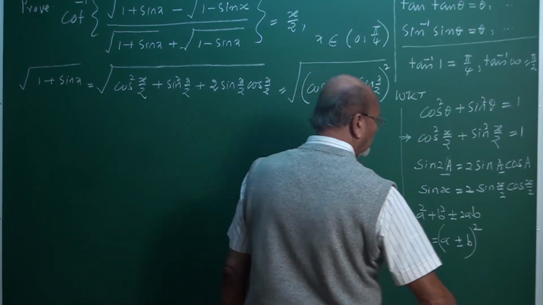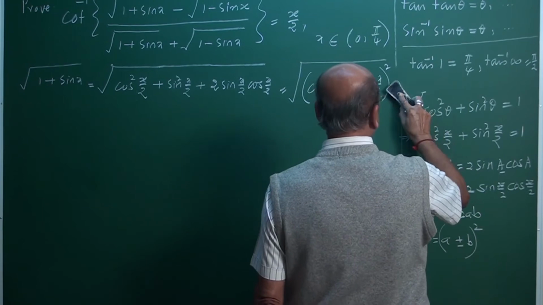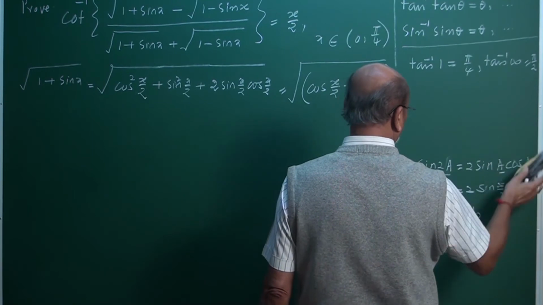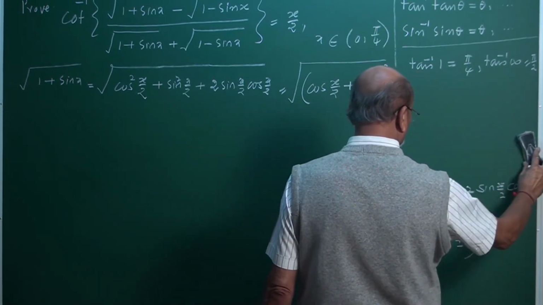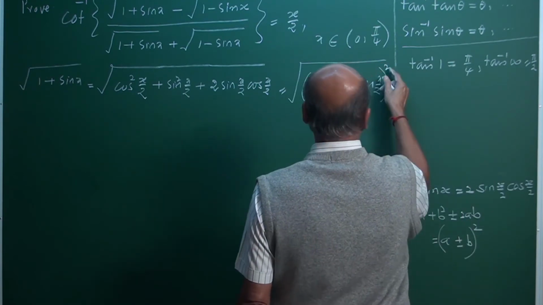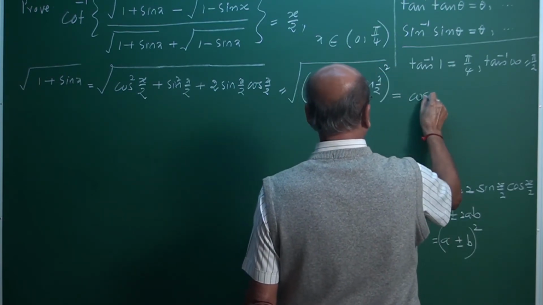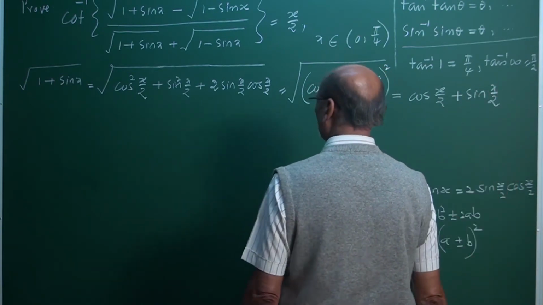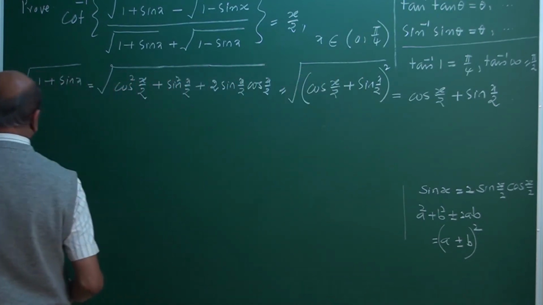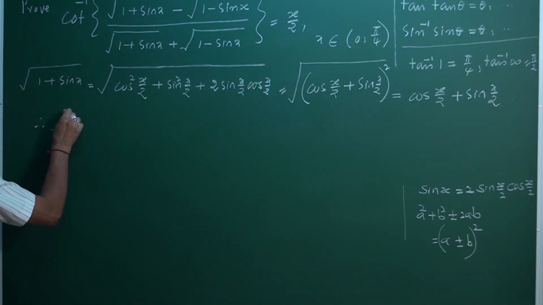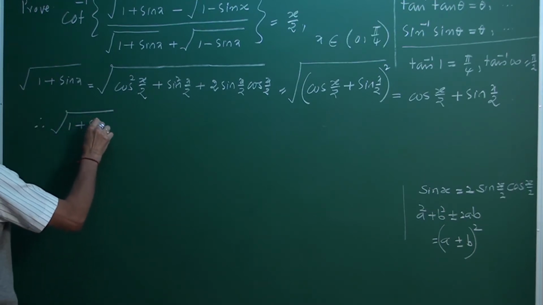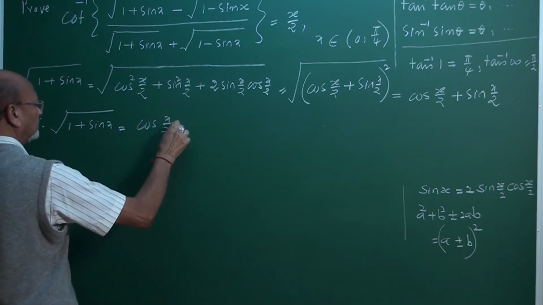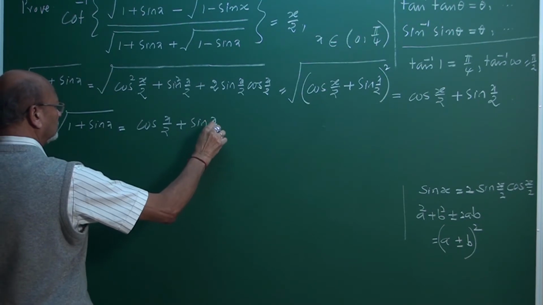The square root cancels. It gives cos x by 2 plus sin x by 2. Therefore root 1 plus sin x is cos x by 2 plus sin x by 2.